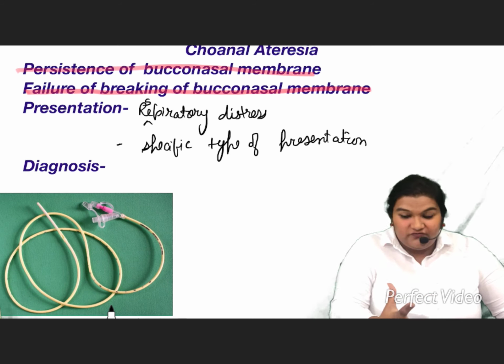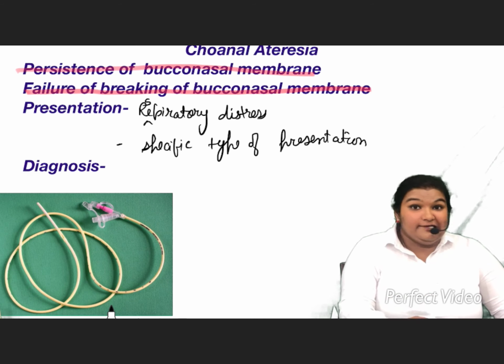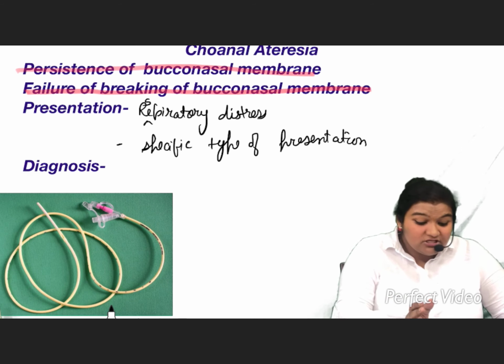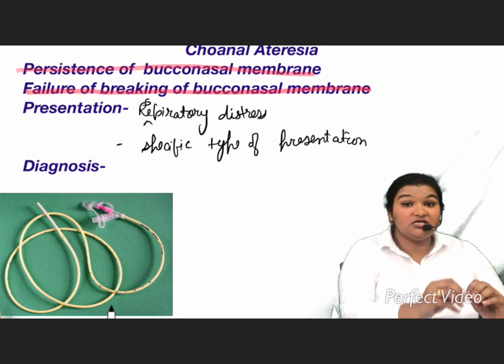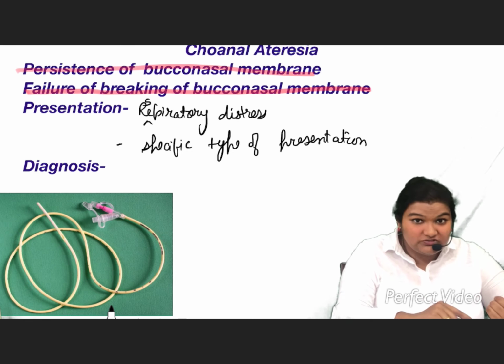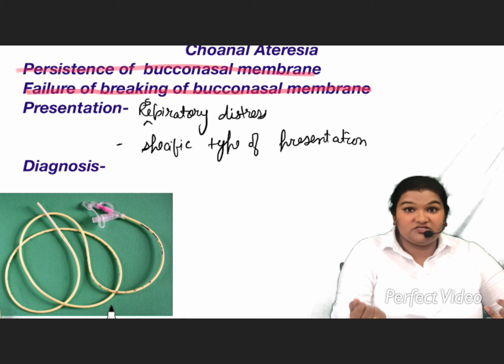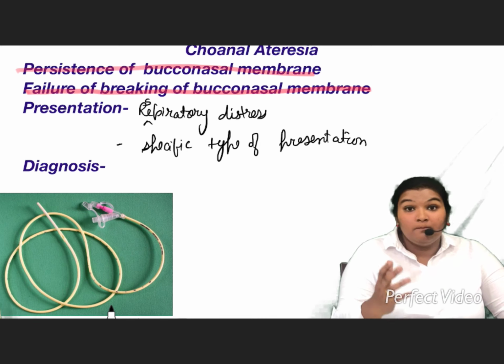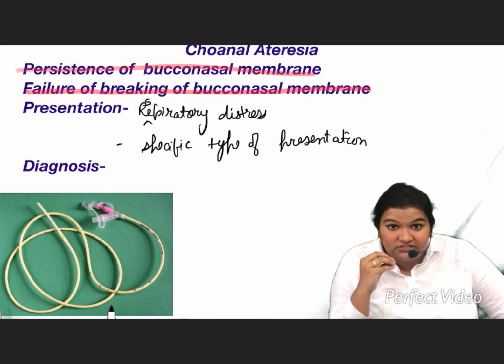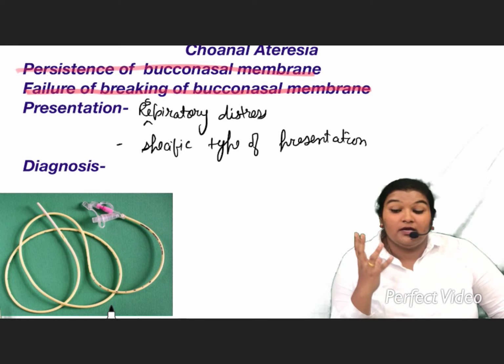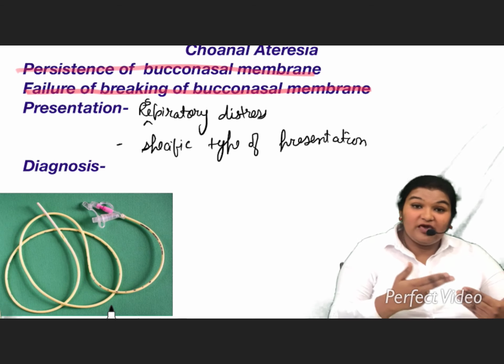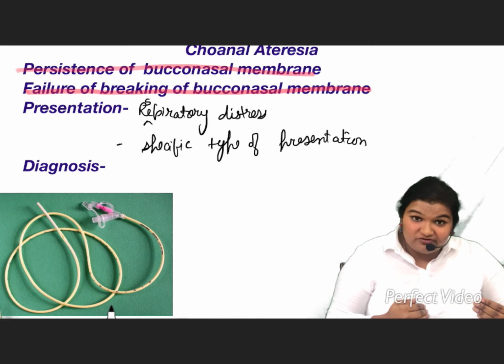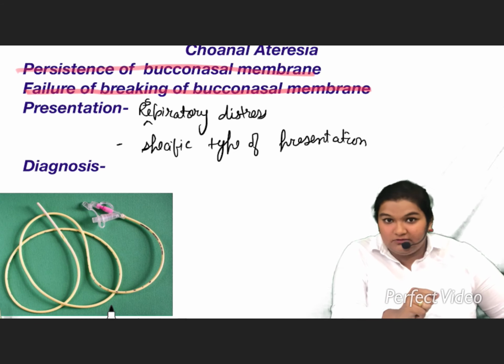So what is this specific type of presentation? You will observe that when a child is crying, he does not show any cyanosis or any signs of respiratory distress. But as soon as the child shuts his or her mouth or becomes quiet, the respiratory distress reappears and cyanosis is seen.